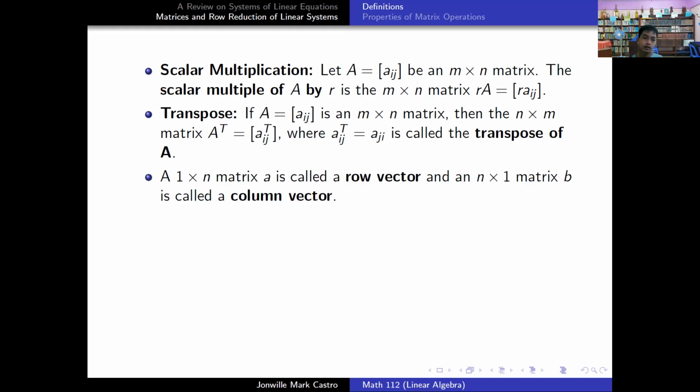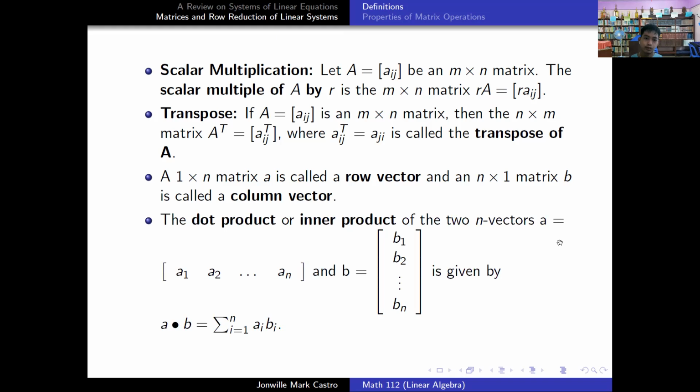A 1 by n matrix is called a row vector. And an n by 1 matrix is called a column vector. The dot product of two n vectors, so a row vector and a column vector, is given by a dot b is equal to the summation of a sub i b sub i from 1 to n.